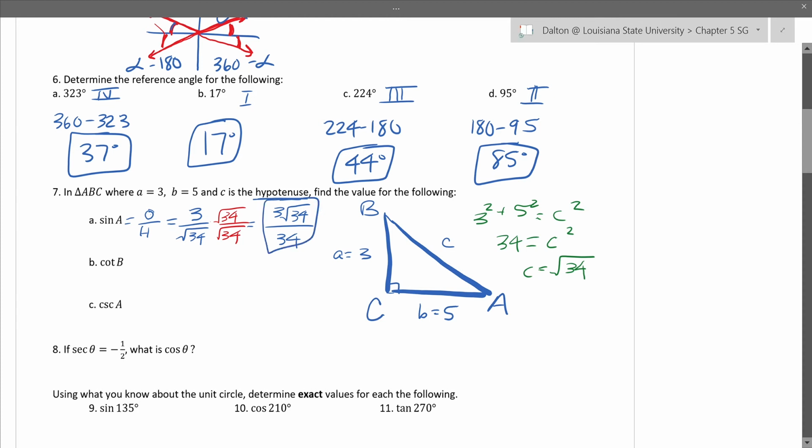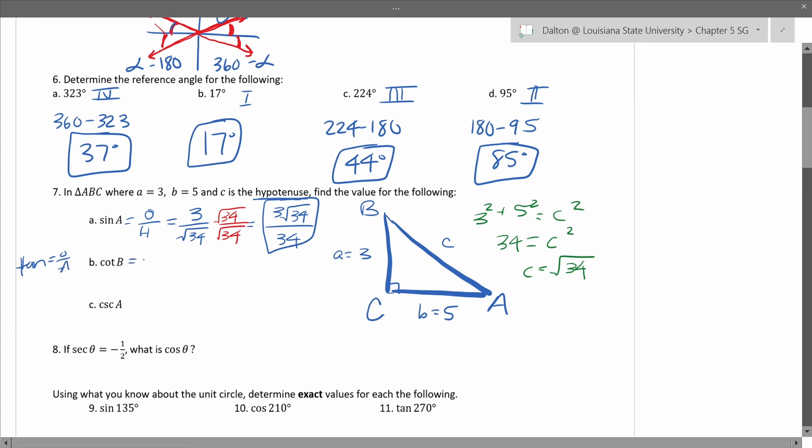Cotangent of B. So if you recall, tangent is opposite over adjacent, therefore cotangent is adjacent over opposite. This time our reference angle is B. So from reference angle B, adjacent to that is 3. Opposite of angle B is 5. So 3/5.